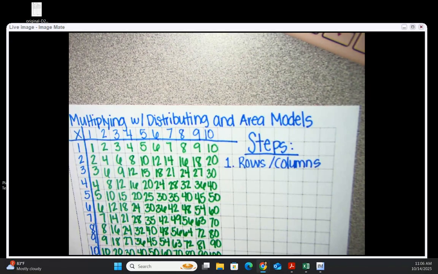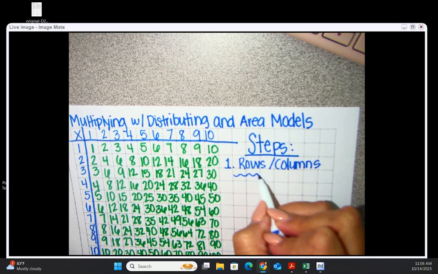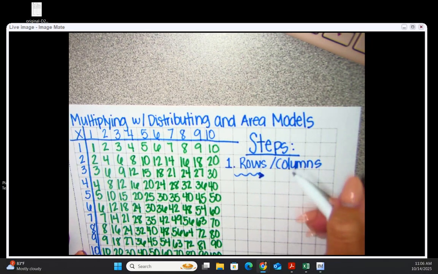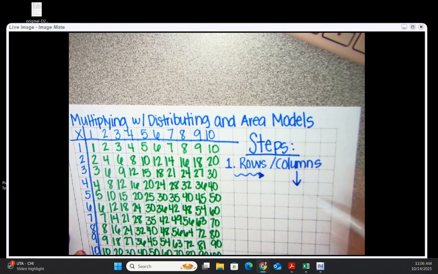Now remember, our rows, remember, row, row, row your boat gently down the street. So my boat goes side to side. So my rows go sideways. And my column, it has that L, so my columns go up and down.